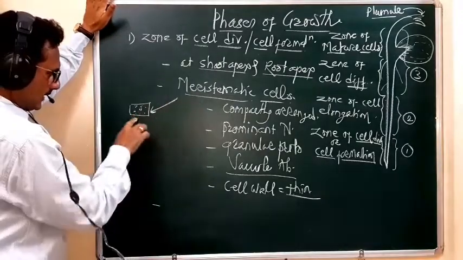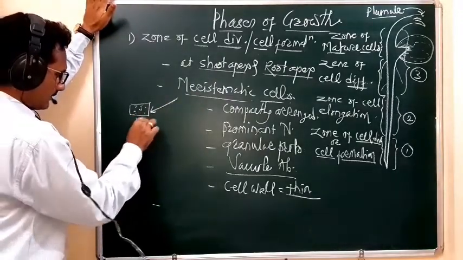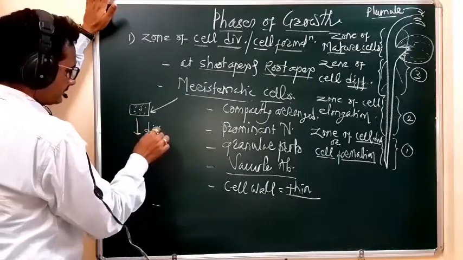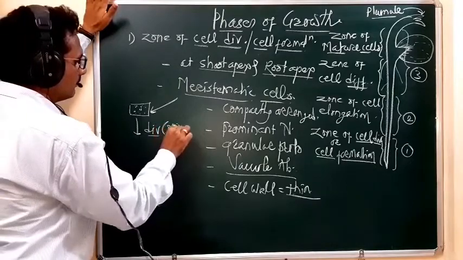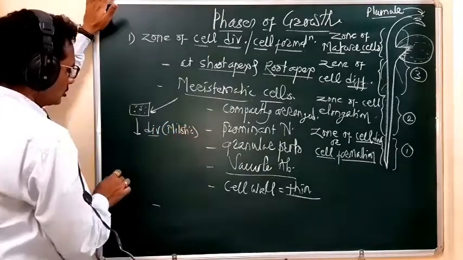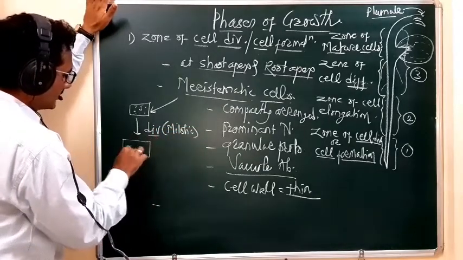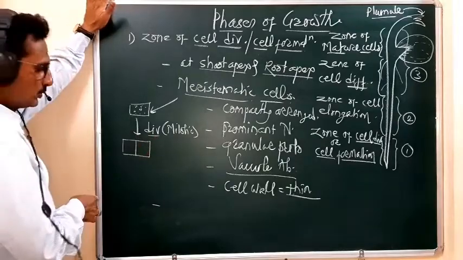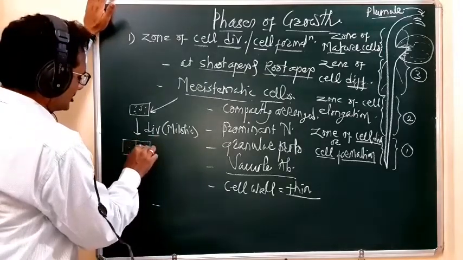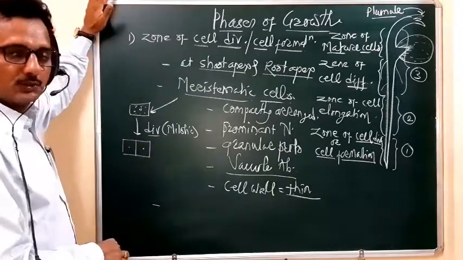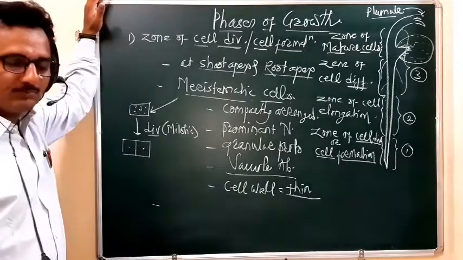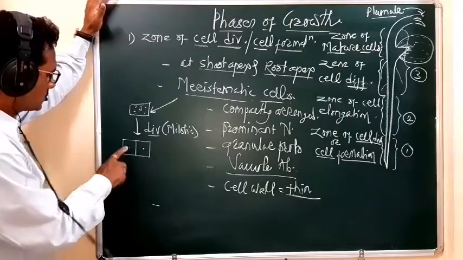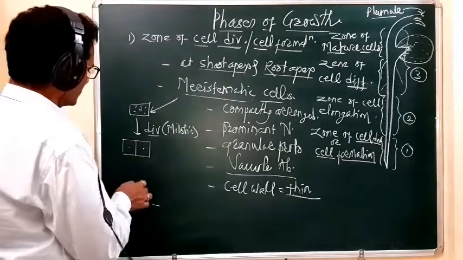Then this meristematic cell divides by mitotic division. After division, two new daughter cells are formed. From these two cells, one cell remains meristematic, and the other cell undergoes enlargement and differentiation.